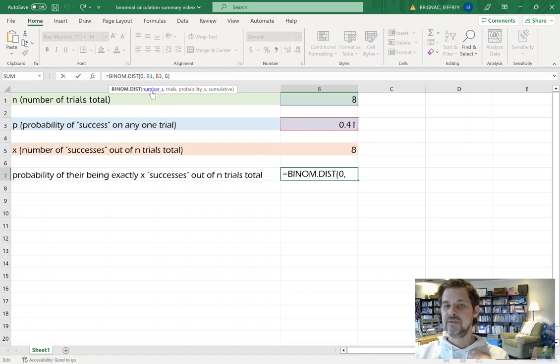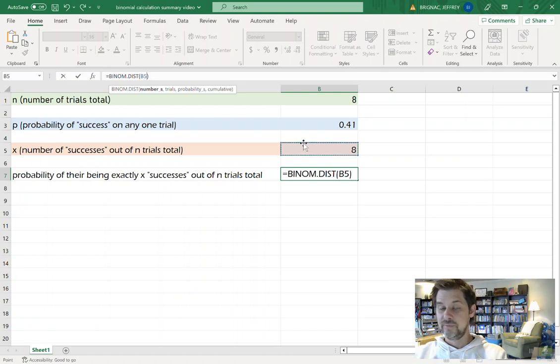Okay. Now it asks you to put in 4 numbers. The number of successes you want is the first number. That's this. Okay. Now I can either type an 8 in there, or if I have that number somewhere else because I labeled it, I can click that cell. Okay. Then we put a comma.